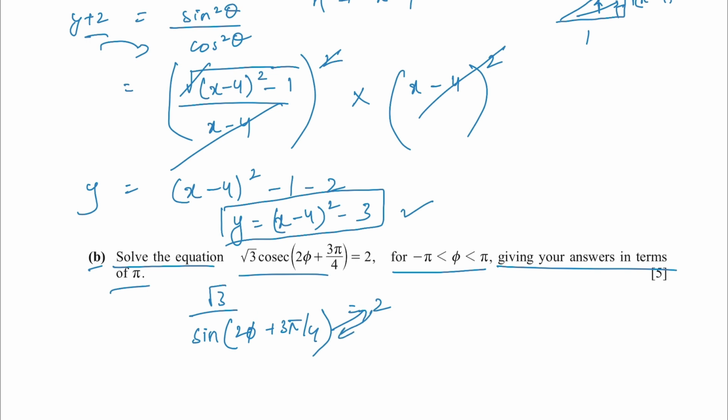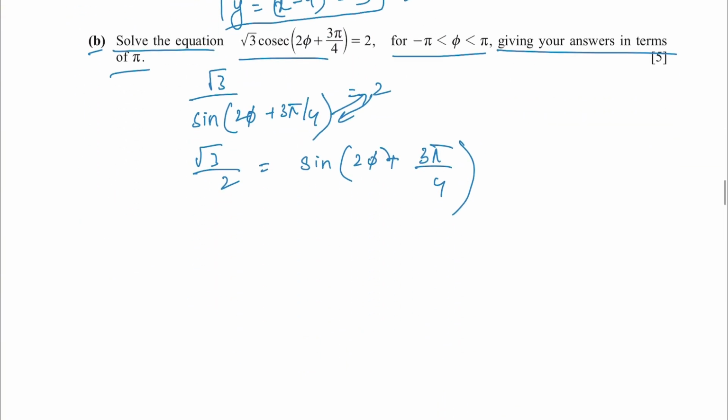So we'll have our answer as root 3 over 2 equals sine of 2 phi plus 3 pi by 4. Now since sine is positive, we'll have our answers in the first and second quadrants.